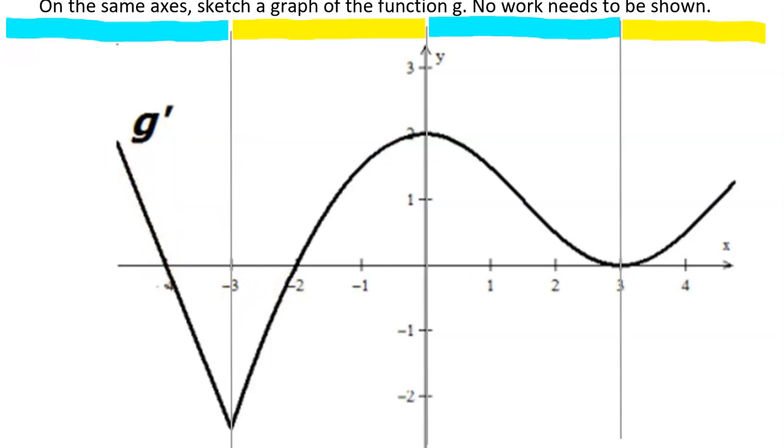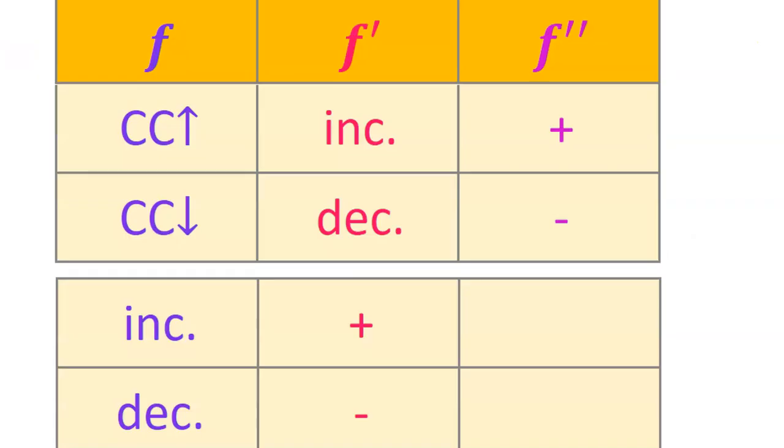So here's where things change. Remember that we're given g prime, so we need to focus on the middle column. We've highlighted what is increasing and decreasing, but now we're working backwards. If g prime is increasing, that means the original function should be concave up.